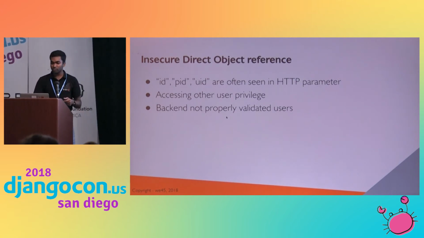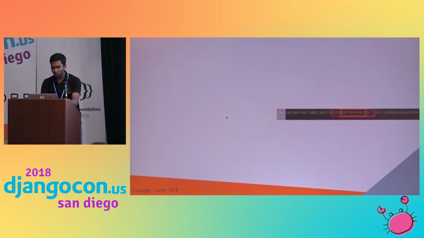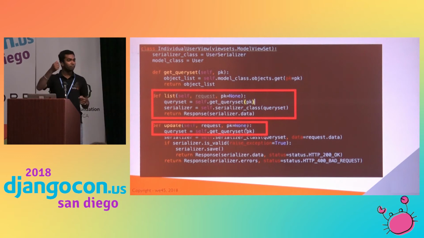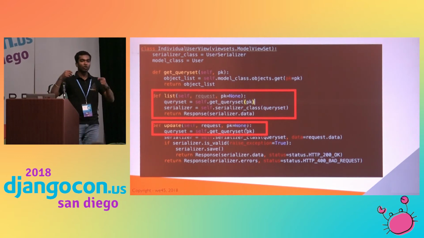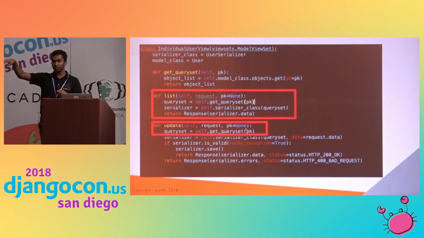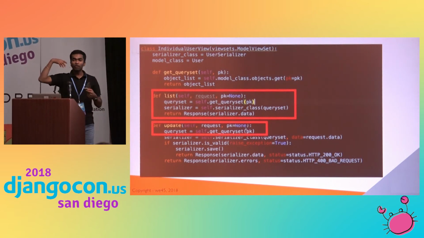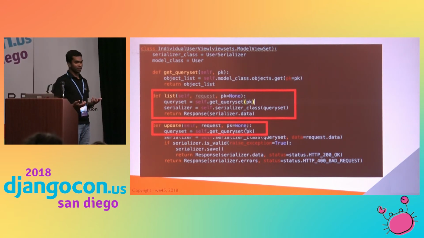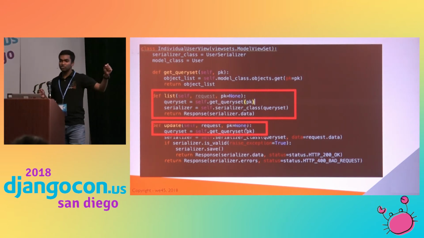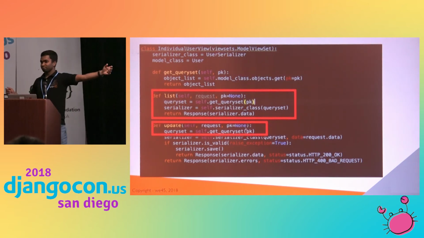So User.objects.get, I'll show you like this. This is what we are using, right? We get the PK value, then validate with User.objects.get(id=PK), then show this information to the client. If it is not properly validated, then the attacker can change the superuser's email ID or password.